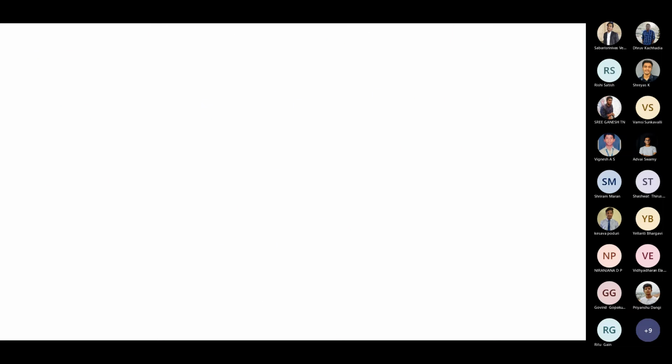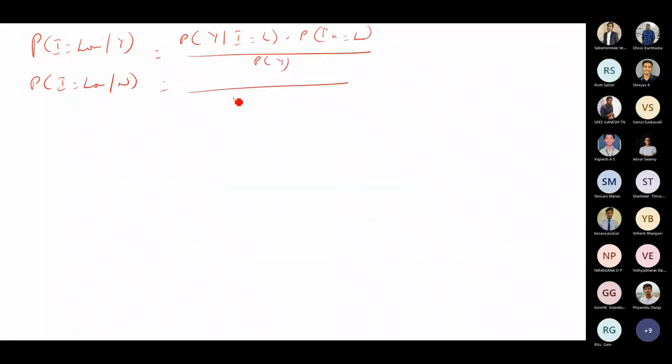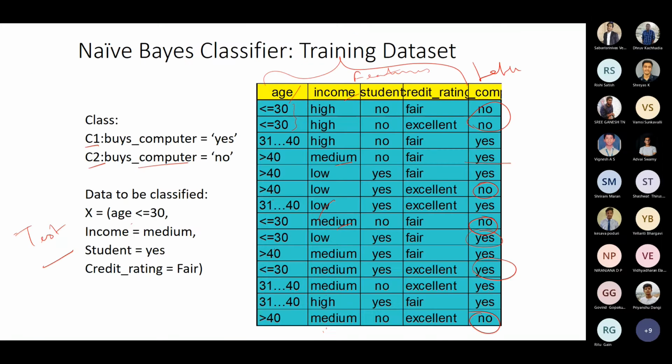Probability of income is equal to low given yes, probability of income is equal to low given no. This is equal to probability of yes given income equal to low multiplied by probability of income equal to low divided by probability of yes. Similarly here, probability of no given income is equal to low into probability of income equal to low. Okay, so the denominator is 9 by 14 and 5 by 14 respectively. The numerator will change.